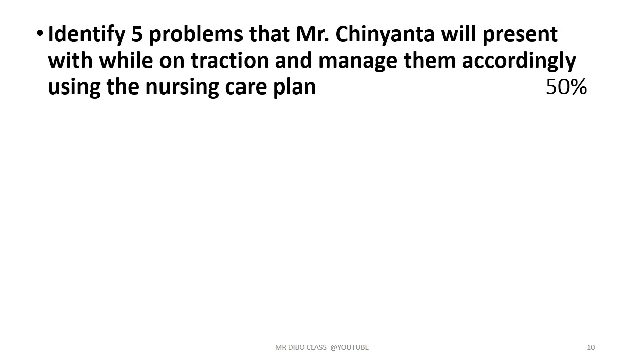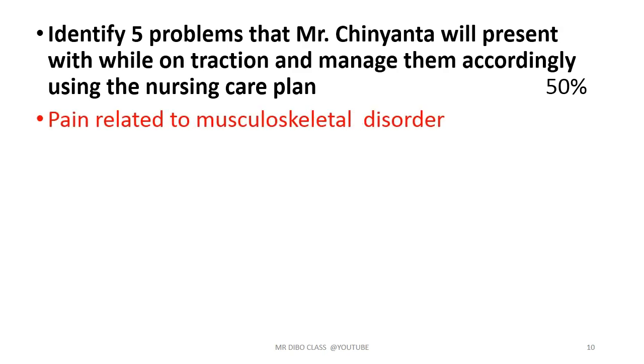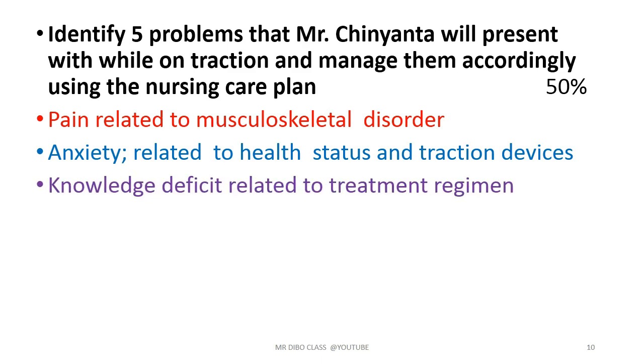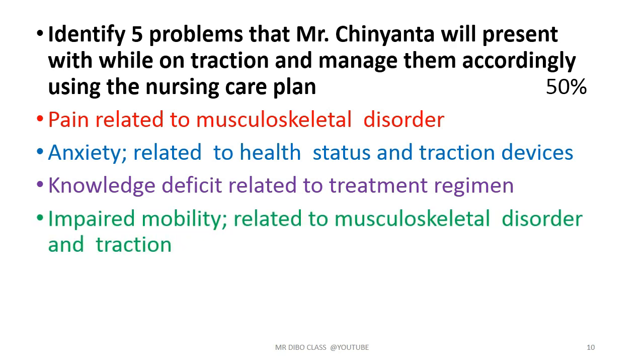The other question they asked us is to identify 5 problems that Mr. Chinyanta will present with while on traction, and manage them using the nursing care plan. Here the common problems we can face are pain, related to musculoskeletal disorders; anxiety related to health status and traction devices; and knowledge deficit, related to treatment regime and traction devices.